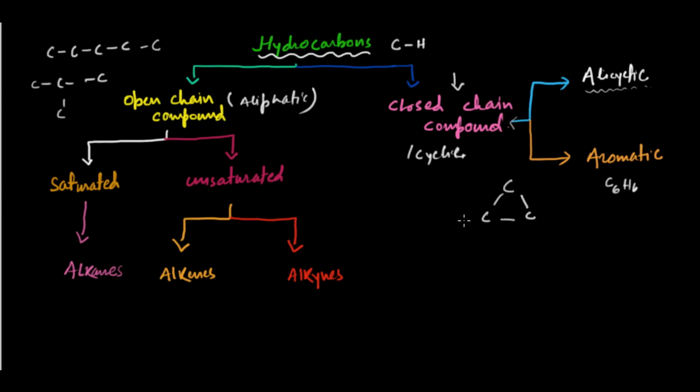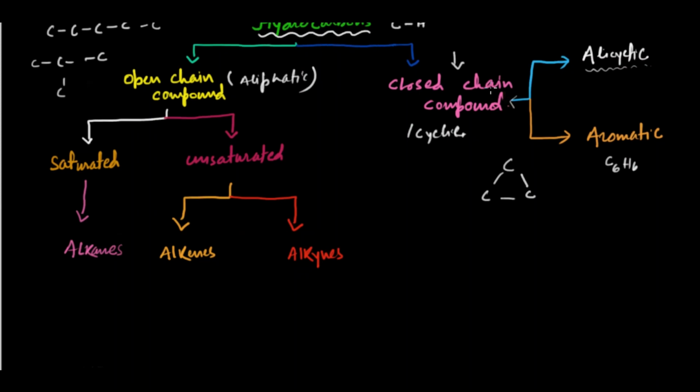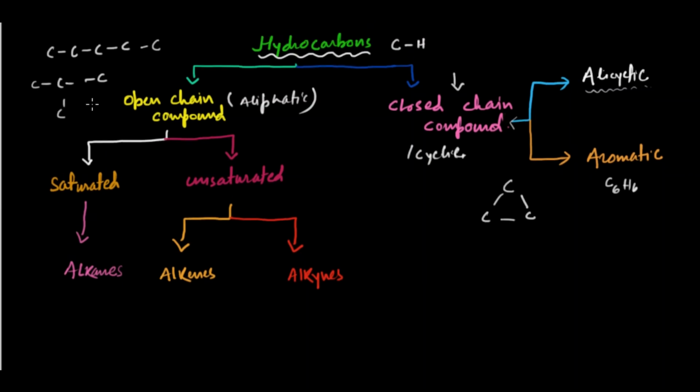Okay, now let's move to understand this open chain. You have understood that basically an open chain may be a linear structure or a branched structure. And open chain has been divided into 2 categories: one is saturated, another is unsaturated. What is the meaning of saturated over here, and what is unsaturated?